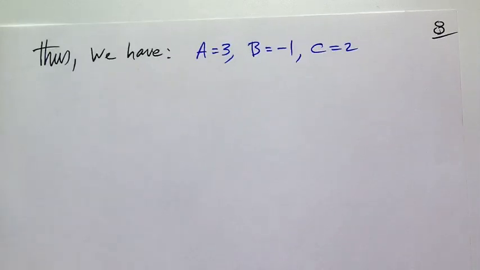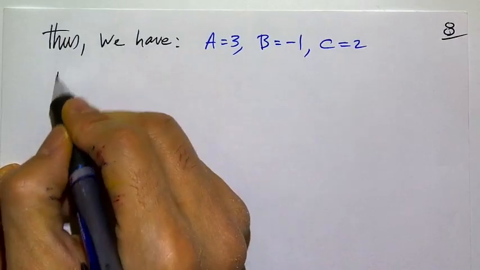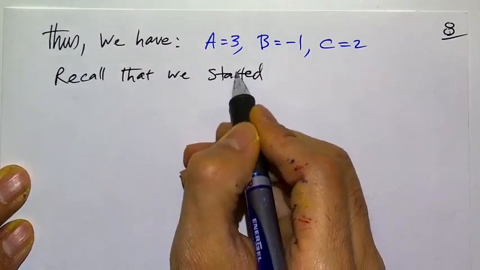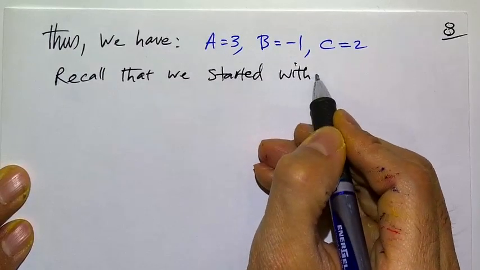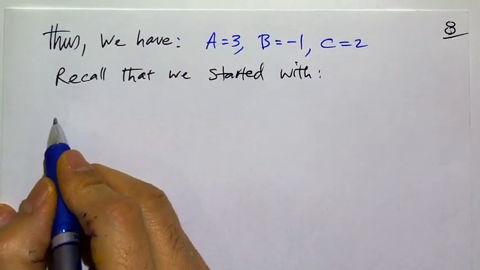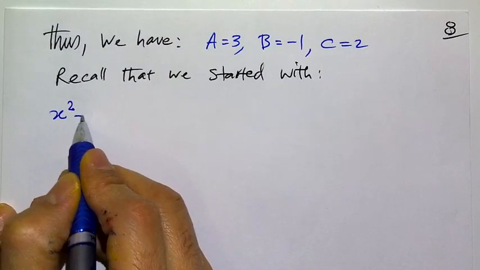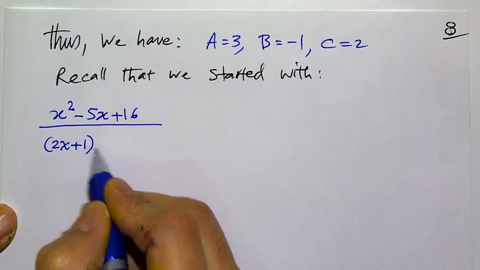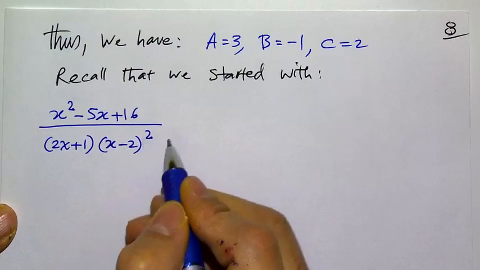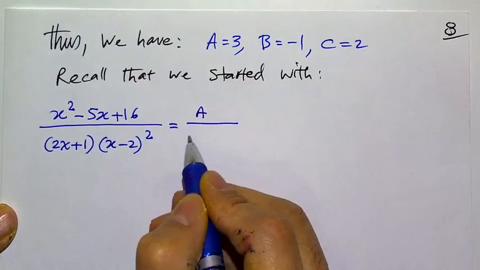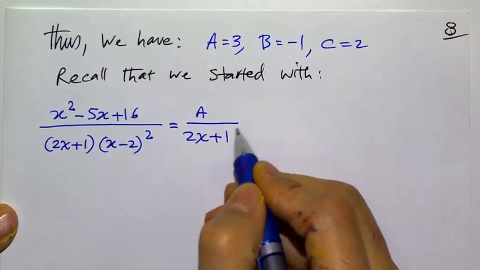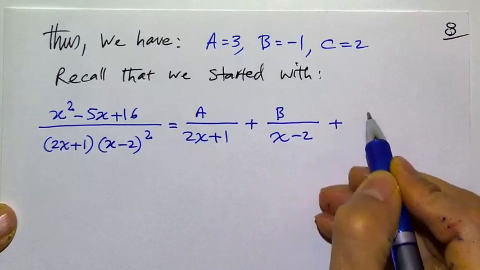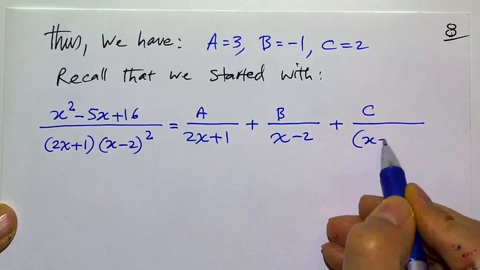And recall that we started with this expression: x squared minus 5x plus 16 divided by 2x plus 1 times x minus 2 squared equals a divided by 2x plus 1 plus b divided by x minus 2 plus c divided by x minus 2 squared.